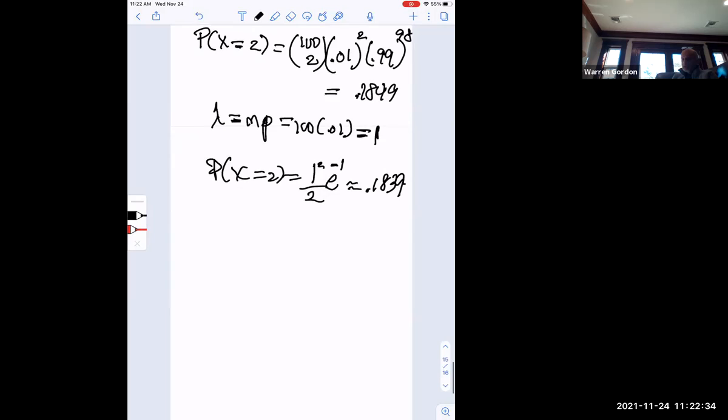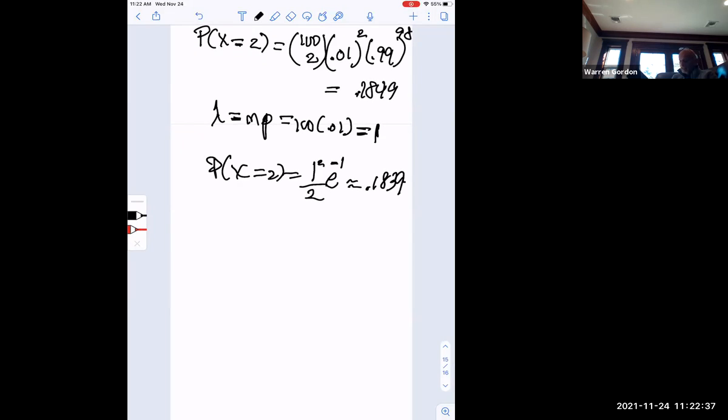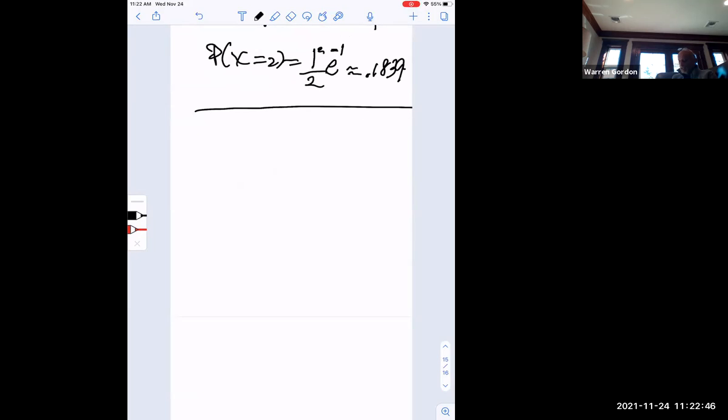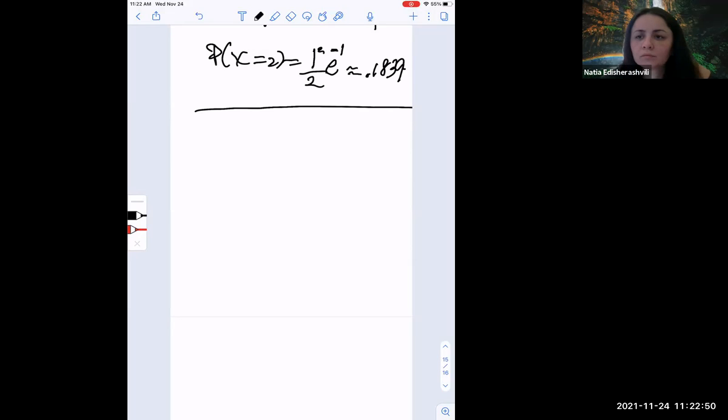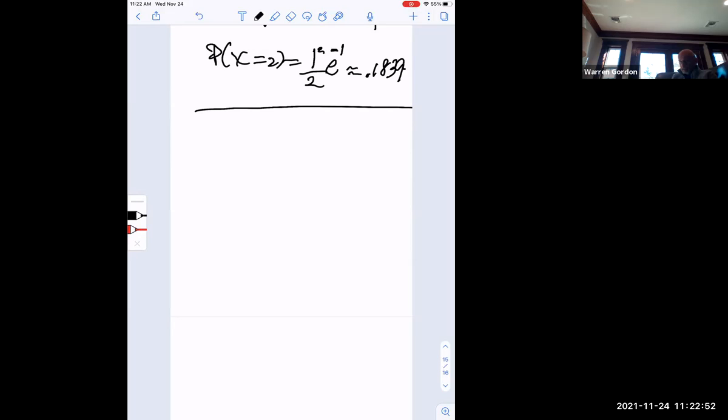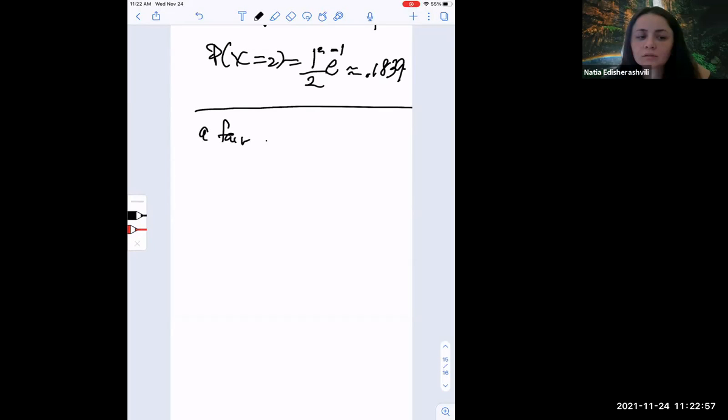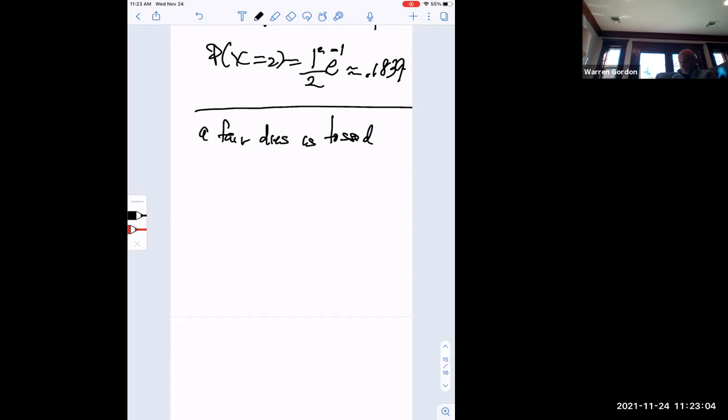There's one more distribution I want to talk about in this section. I mean, there's all the stuff I talk about, but just in case you come across this. So let me begin with an example. A fair die is tossed 21 times.